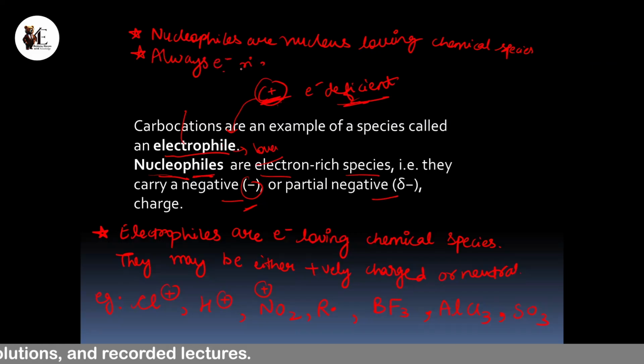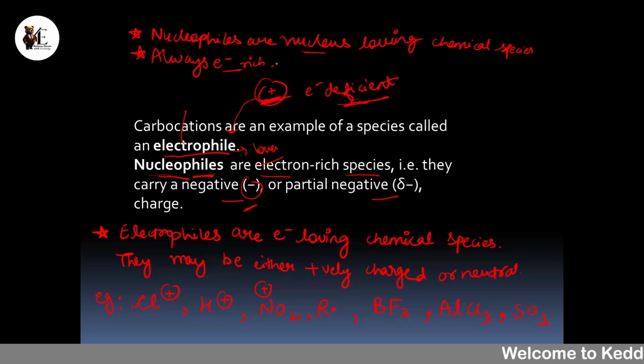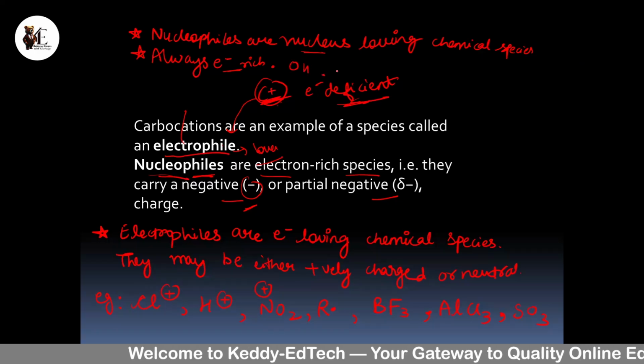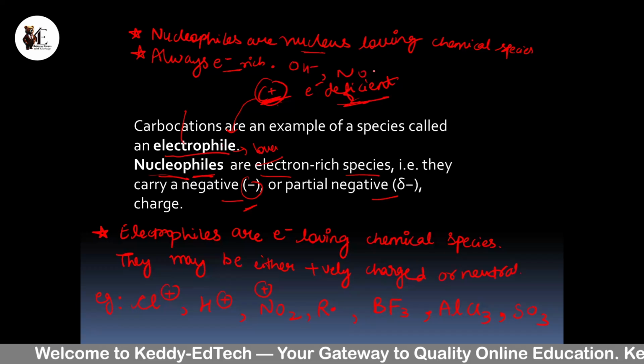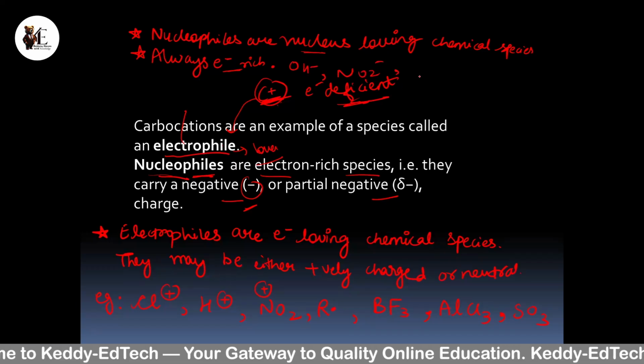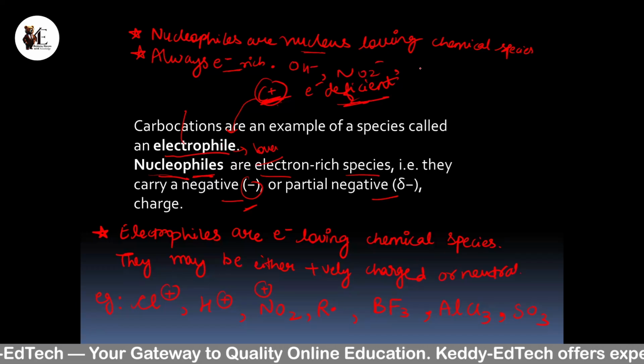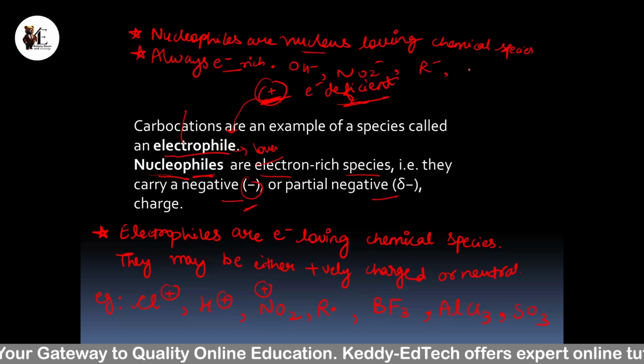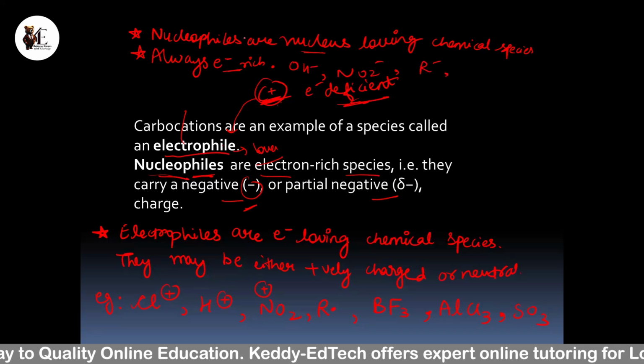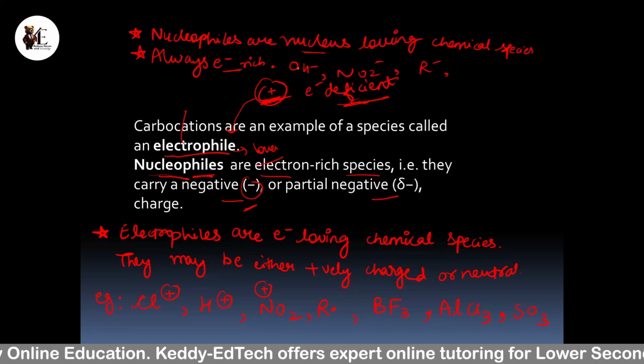They are always electron rich, that's why they love nucleus positively charged. They also can be negatively charged or neutral. So negatively charged you can easily identify, okay, like OH minus, NO2 minus, R minus. Any species which contain a negative charge is called nucleophile.